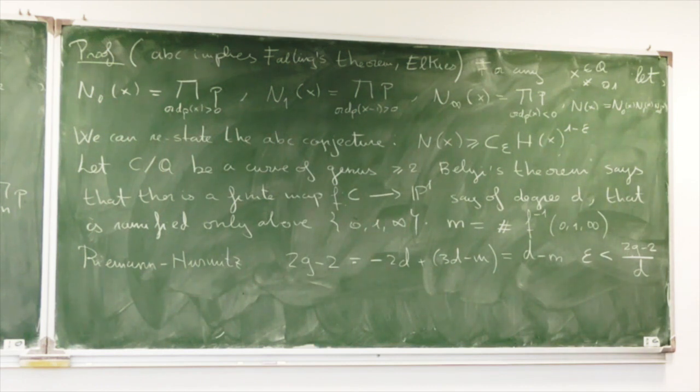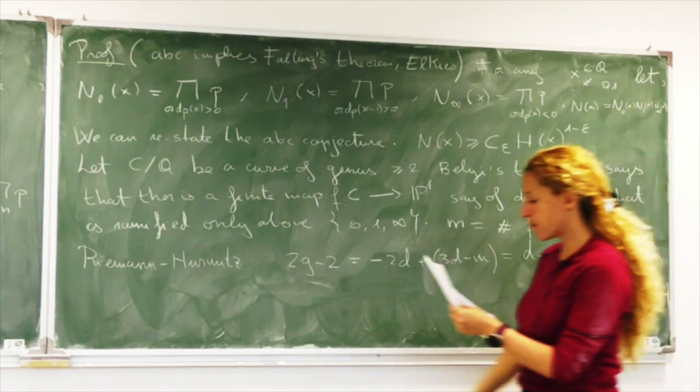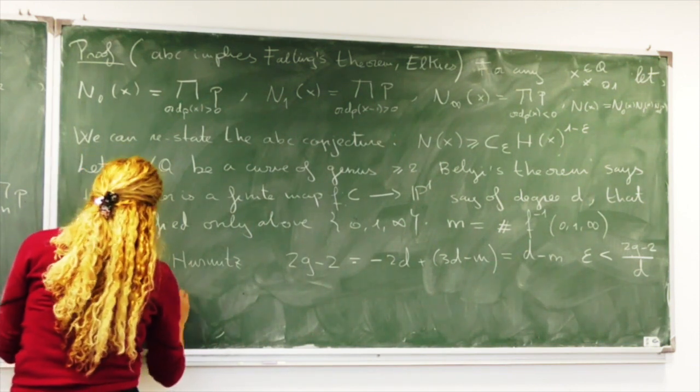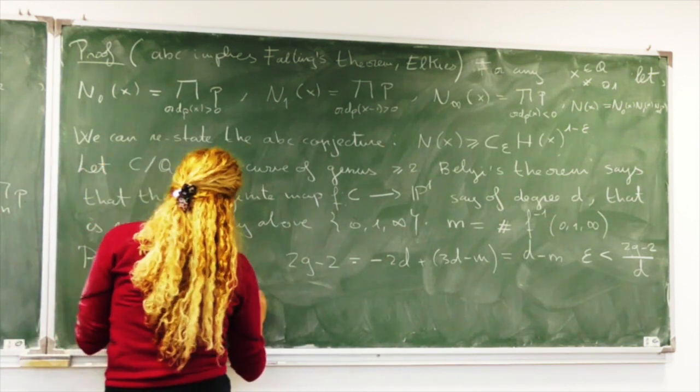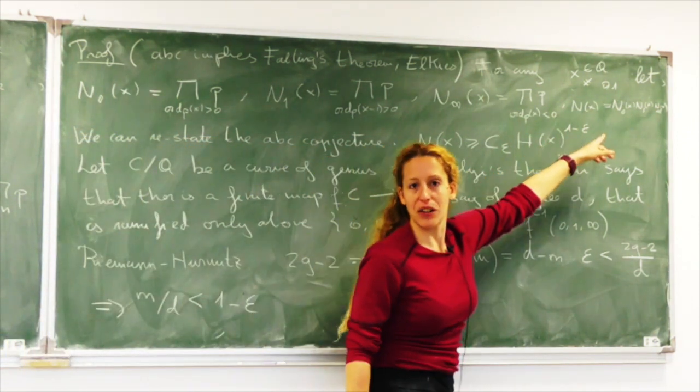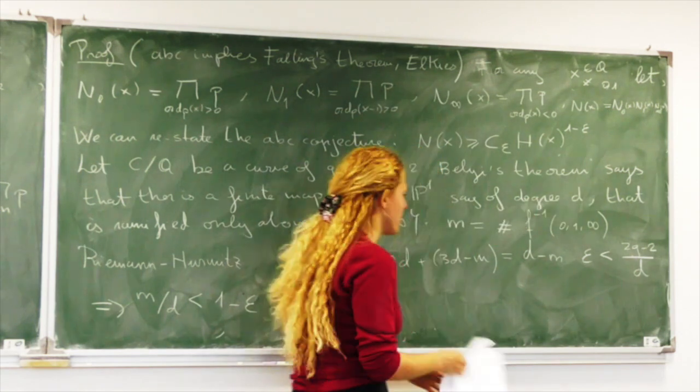So any epsilon satisfying this thing. Why do I want this? Because if I have this, then m divided by d is smaller than 1 minus epsilon. That is the terms that appear here. So I'm just rewriting things in a different fashion.